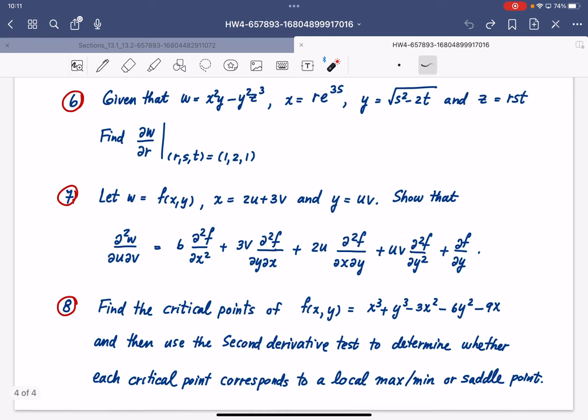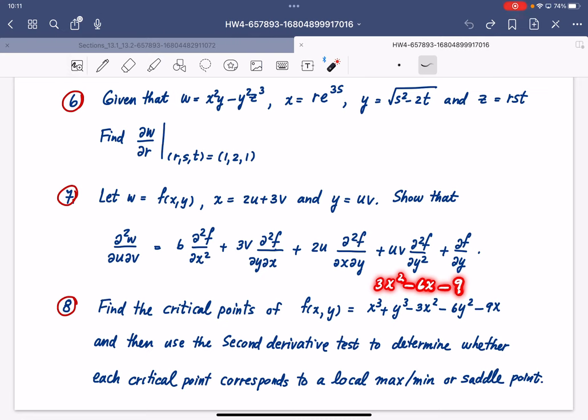And then question 8, the hint is that you need to find the critical point first. So you differentiate this one with respect to x, you should get 3x squared minus 6x minus 9, right? Is it the derivative with respect to x?